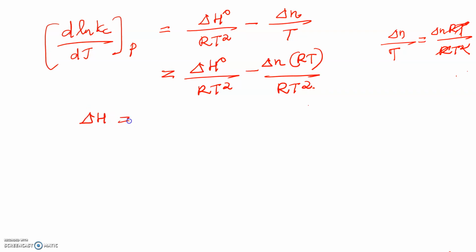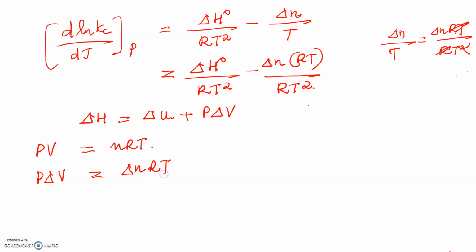delta H is equal to delta U plus P delta V. What is PV? PV is equal to nRT. So P into delta V can be written as delta n RT, so delta n RT can be substituted for P delta V. Therefore, this equation becomes delta U plus delta n RT.